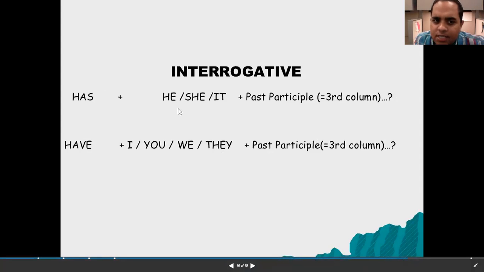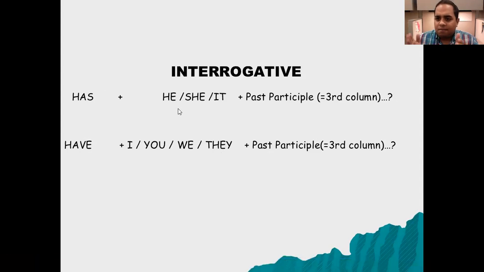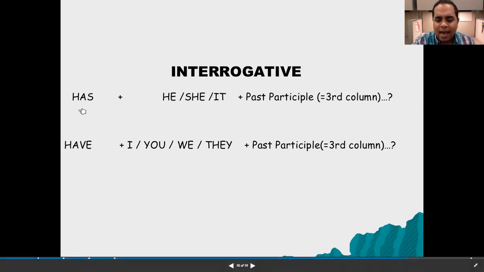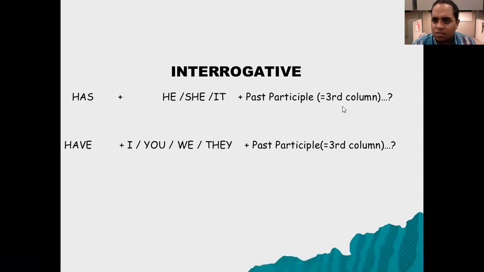So interrogative, I said, have you ever is always present perfect. There's another way you can say the present perfect question. You can say has he, she, it plus past participle. Has Danny visited Brazil? No, he has not.